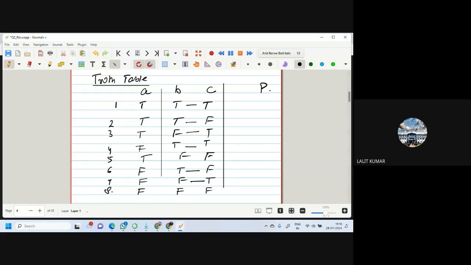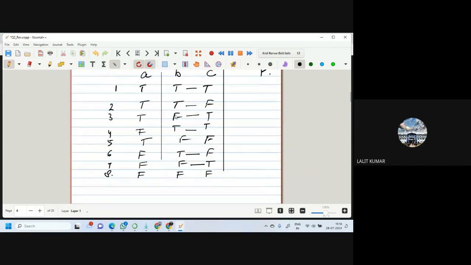Without going through this process, if you find it difficult, you can just go 1, 2, 3. These are for true, and these are for false, which we had done, which was TT. This is for false: TT, TF, FT. So I get combinations 1, 2, 3 for true, and 4, 7, 8 for false.